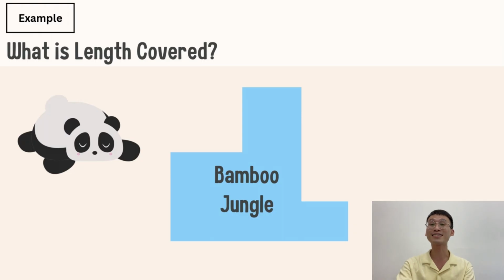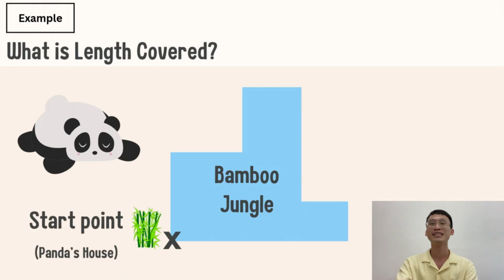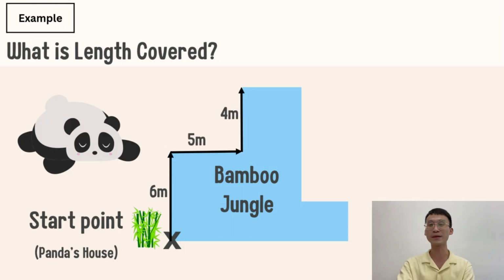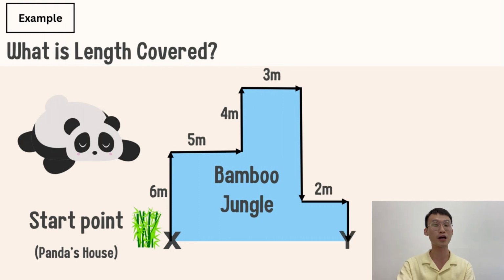The fat panda's start point is from his house, indicated with an X. The panda then starts to run upwards by 6 meters, then rightwards by 5 meters, then upwards again by 4 meters, then rightwards by 3 meters, and then runs down. The panda then runs rightwards by 2 meters, runs down to reach point Y, and the fat panda then rushes back to his own house to rest and eat a lot of bamboo.